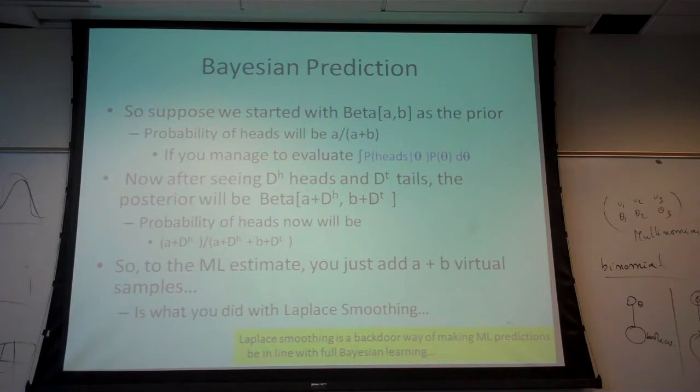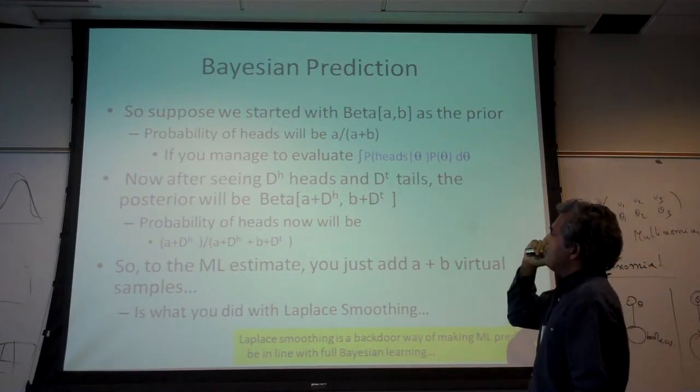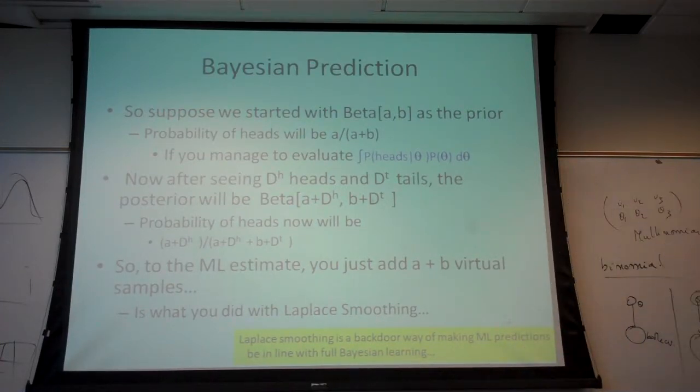The expected value, which is basically the mean of the beta distribution.